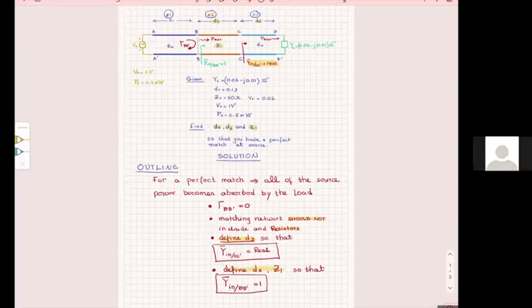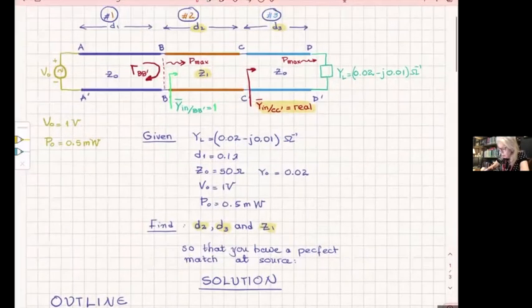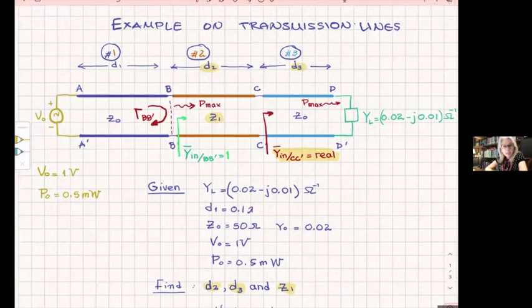Would you not want Y at CC prime to also have a reflection coefficient equal to 0? If you can, but look, if you want to make the reflection coefficient at CC prime 0, that means that from that point on I will make Z1 equal to Z naught.